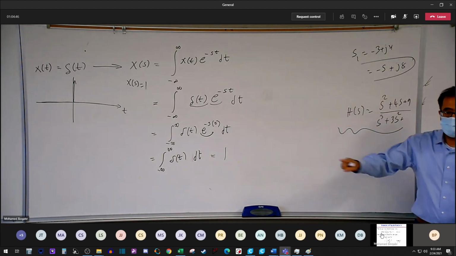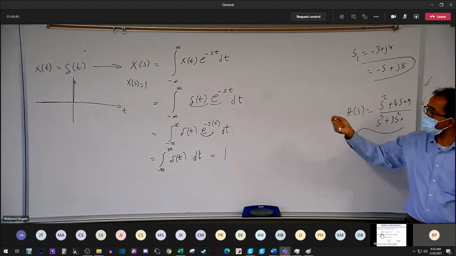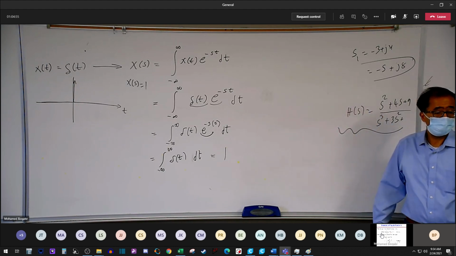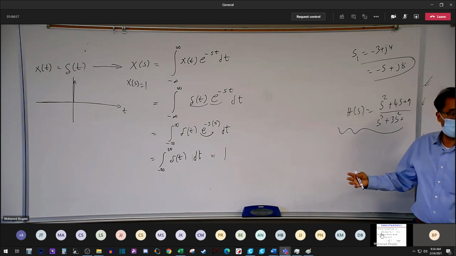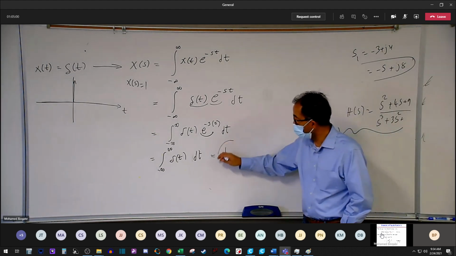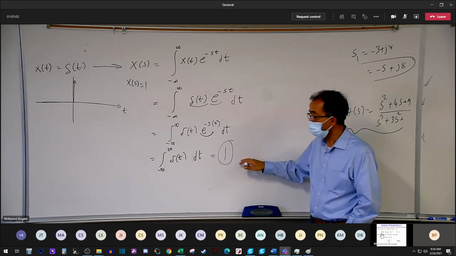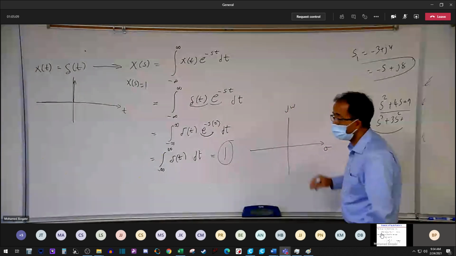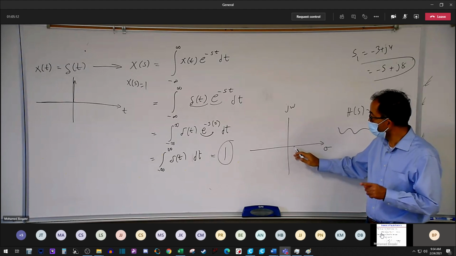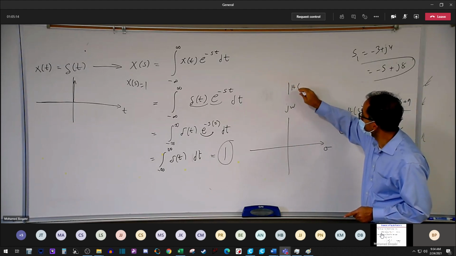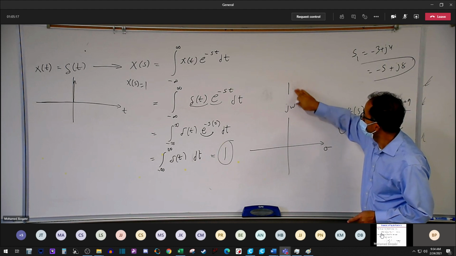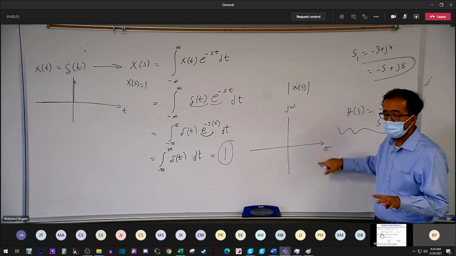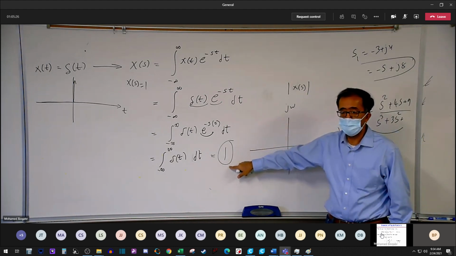You have in the time domain an impulse that exists for a nanosecond, just went up and down for a short period of time. The frequency content is 1, X of s. If I plot that, this is sigma, this is j omega. It does not matter what sigma is, what j omega is, the magnitude of X of s is always 1.